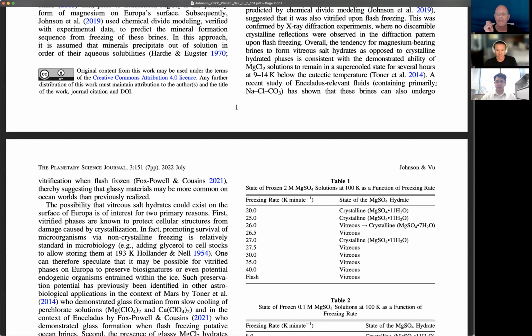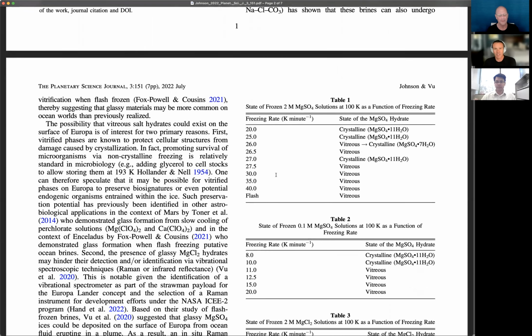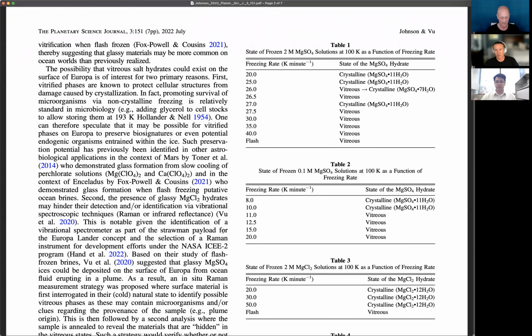The second one, which we'll get to later, is if these things form relatively commonly, then are they stable on the surface? And the next question is whether this idea that they help preserve things is really true or not. So that's moving into the future.